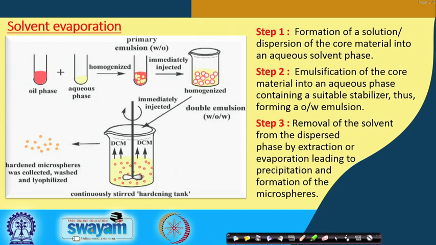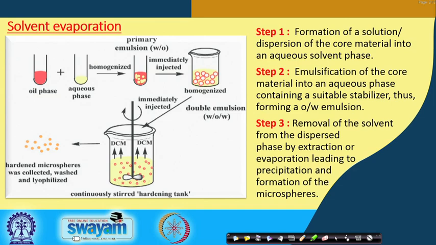The solvent evaporation method includes 3 steps. First of all, there is a formation of a solution or dispersion of the core material in a solvent phase.